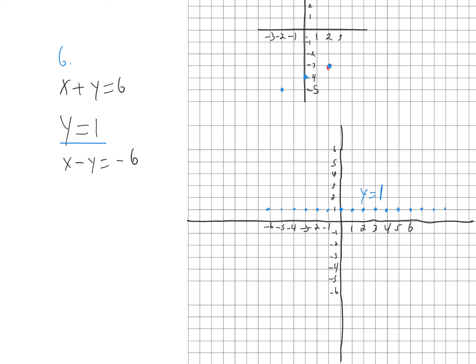So now what I need to do is come up with a table of values for the other two. For this one that I'm going to highlight in red, we now need to work on a table of values.